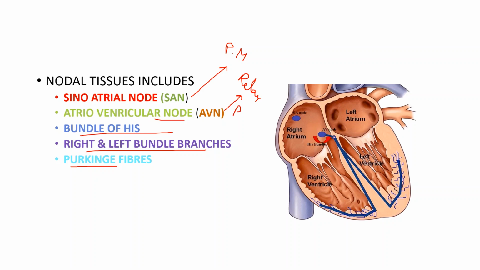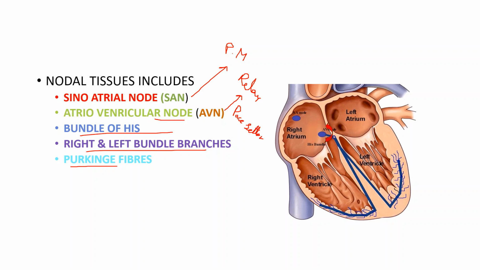The sinoatrial node is called the pacemaker, and the atrioventricular node is called the pace setter, which receives the impulses and transmits them. That's why it is called the pace setter.